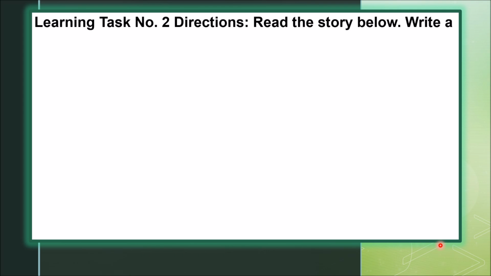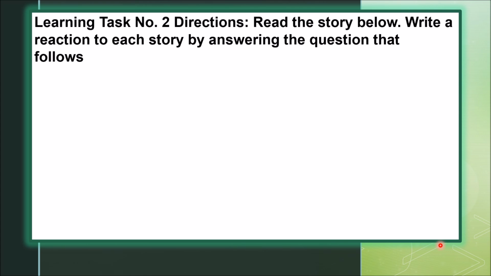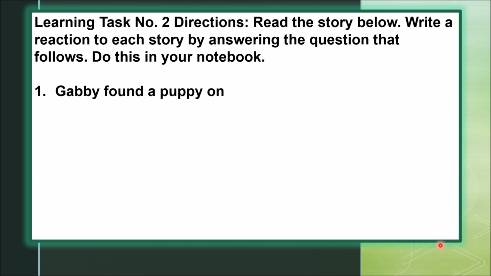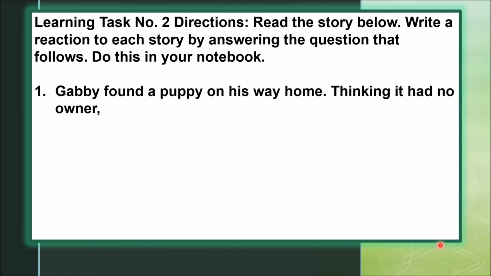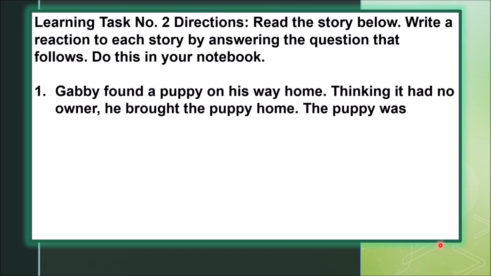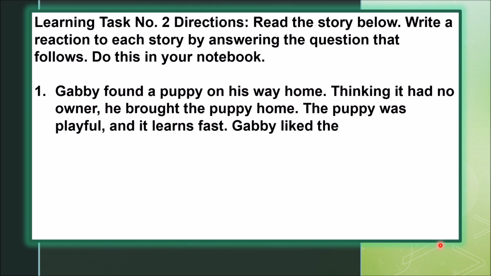Then, for learning task number 2, directions, you're going to read a story below. Write a reaction to each story by answering the question that follows. Do this in your notebook. Okay, number 1, Gabby found a puppy on his way home, thinking it had no owner. He brought the puppy home. The puppy was playful and it learns fast. Gabby liked the puppy so much.